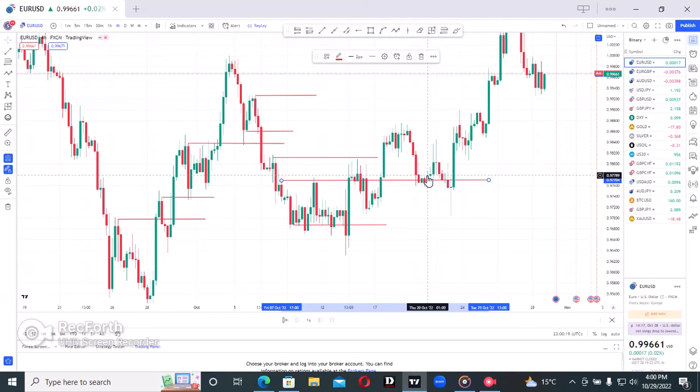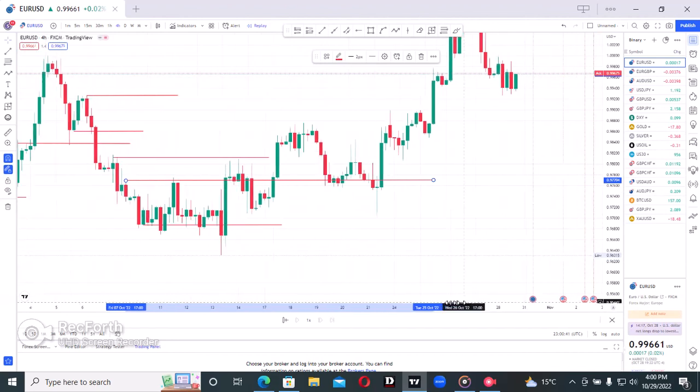Some traders, I think, were going to take this trade somewhere here, and it will depend on your risk and reward ratio, but if you use the risk and reward ratio of 2, you're going to win this trade. Stop loss right here, and then you can see that we have something that looks like a pin bar.